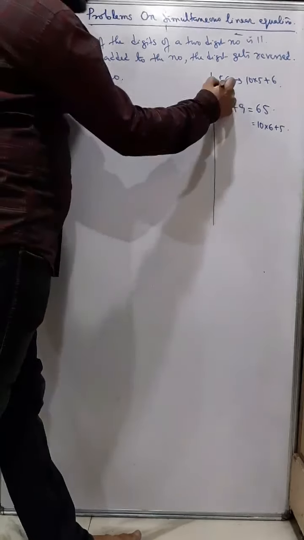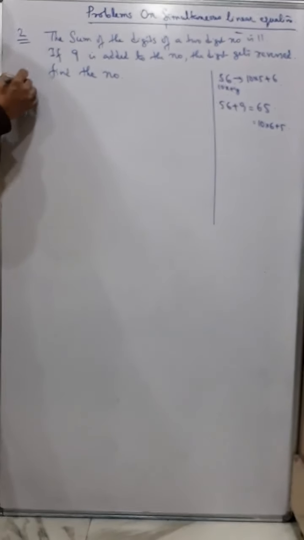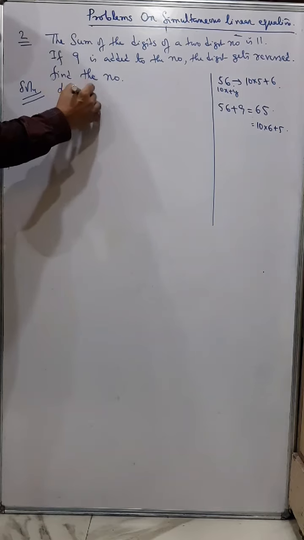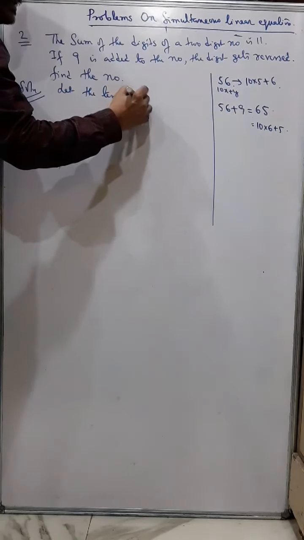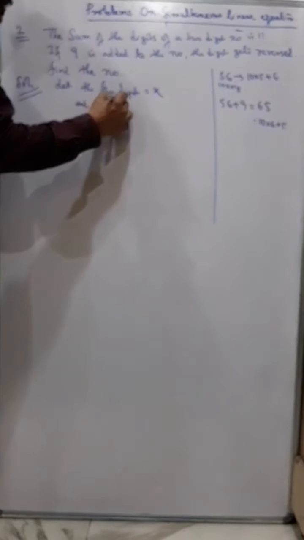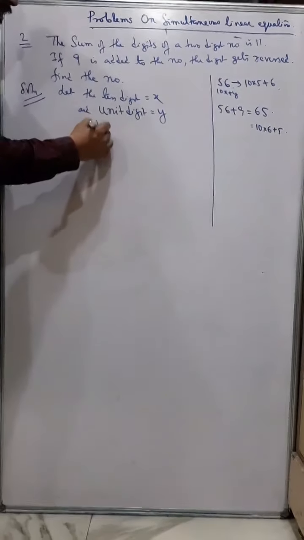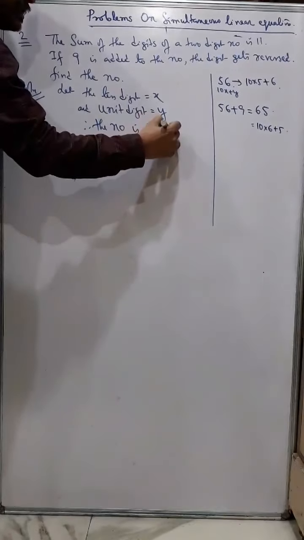So that means if I take that original number as 10x plus y, then you can compare with what we have done. Now if I start, similarly, let the tens digit, this you have to write first always, let the tens digit be equal to x and unit digit be equal to y, and therefore the number is 10x plus y.